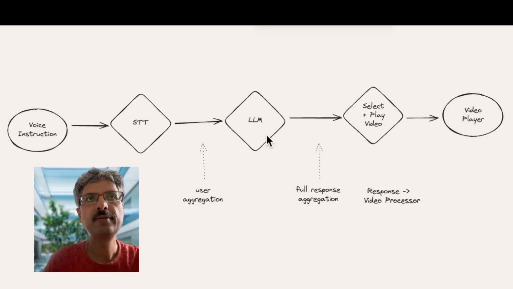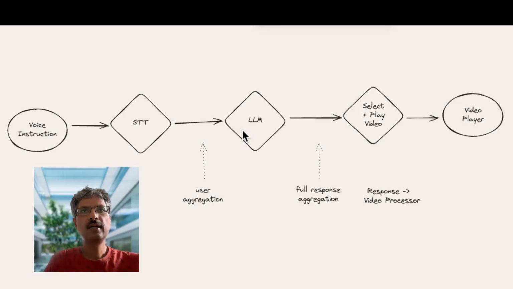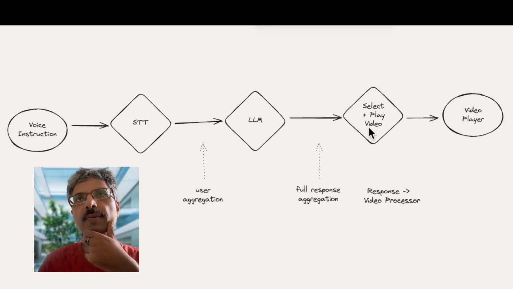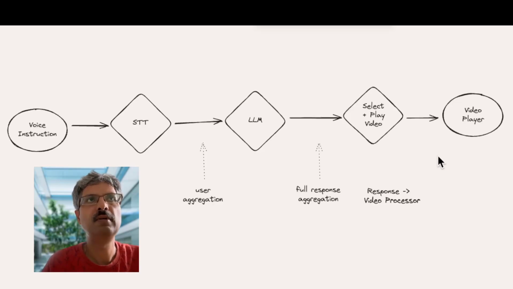The LLM interprets the instruction and figures out which video to play. Essentially, there is a tool call which parses the instruction and figures out the video ID that's supposed to be played. And finally there is a module which takes the video ID and plays the video, for example, in the browser.